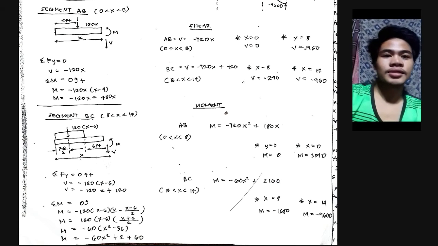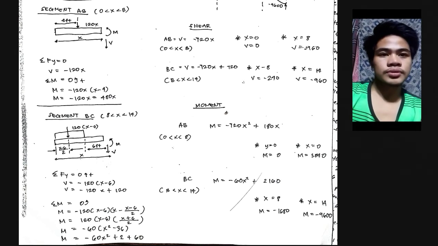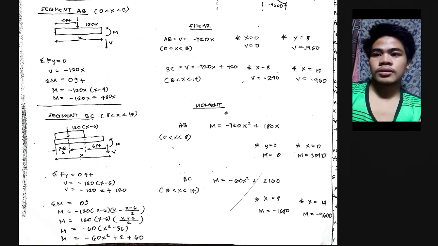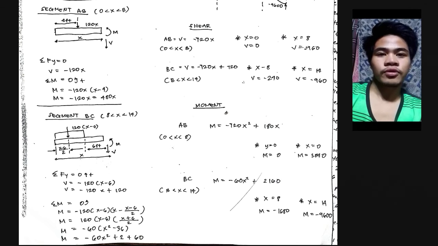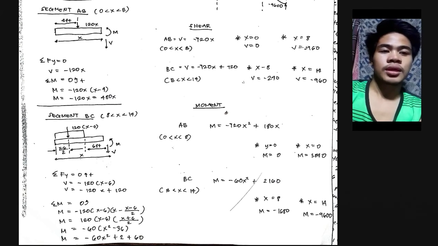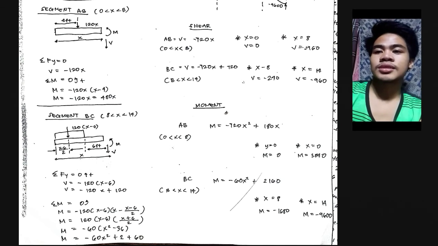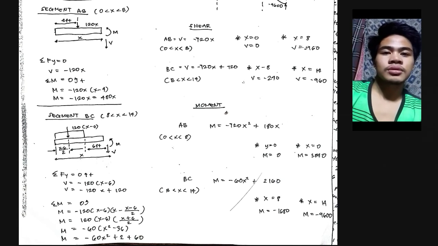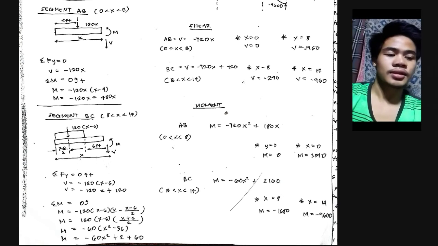And for the segment BC, we have V is negative 120x plus 720, and for x equal to 8, we have the shear also negative 240.